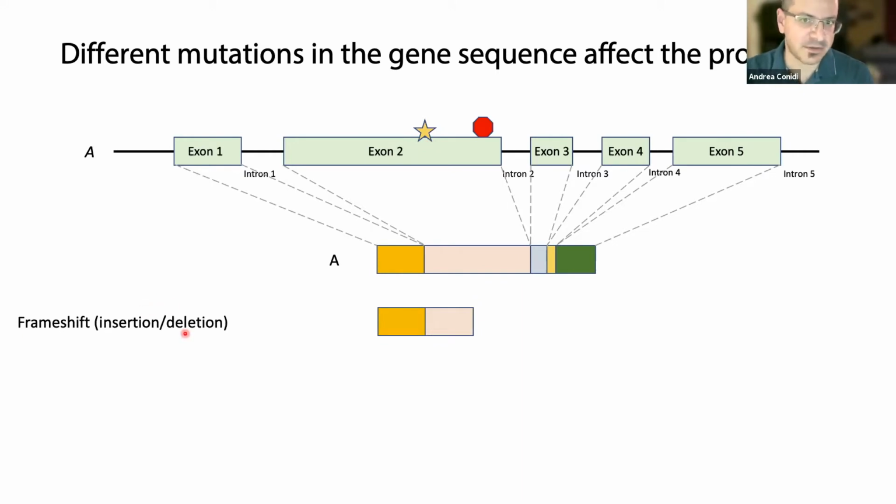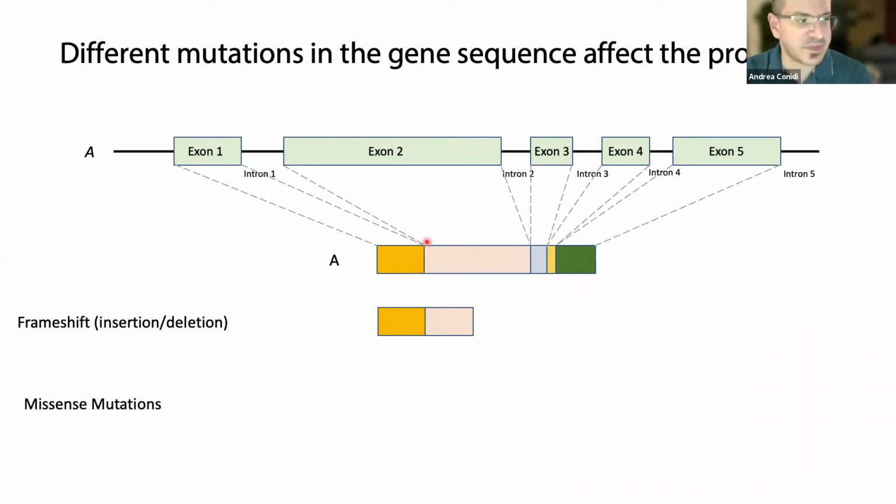So one part of this exon is removed, or maybe it's added. And that will result in a shift in the sequence, and the stop signal that before was here will now be maybe a bit earlier, can also be a bit later. But in any case, you have a protein that is not corresponding to the original one.